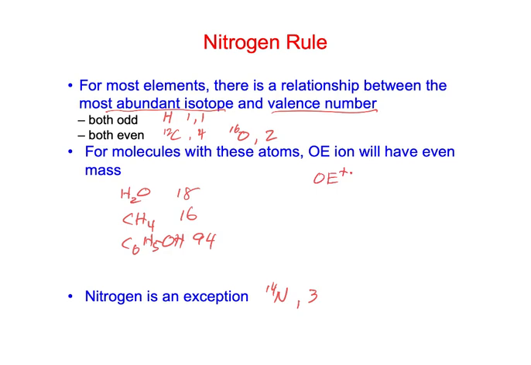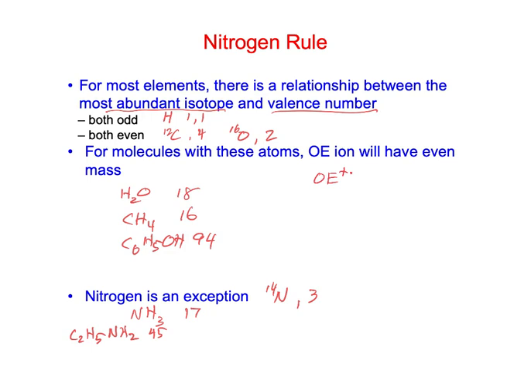So if we calculate out the masses of nitrogen-containing molecules, like ammonia has a mass of 17, something like ethylamine, C2H5NH2, has a mass of 45.